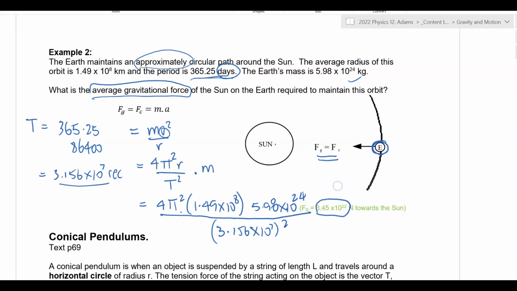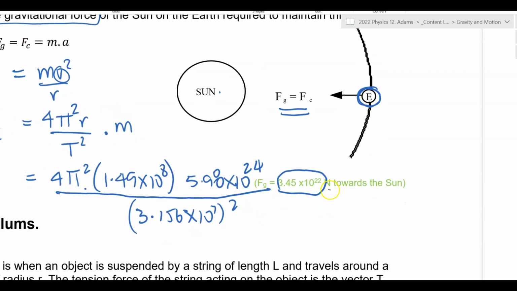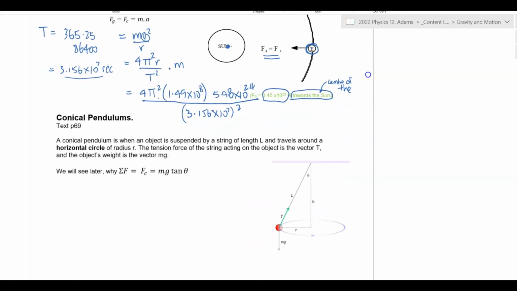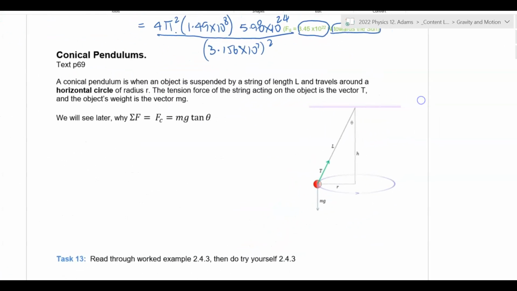And don't forget, because it's a force, we need a direction. If we want to be particular, towards the center of the sun, because the center of mass of the sun is what that force will be directed towards.